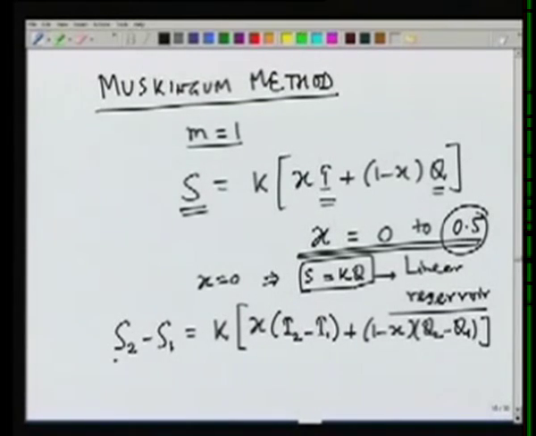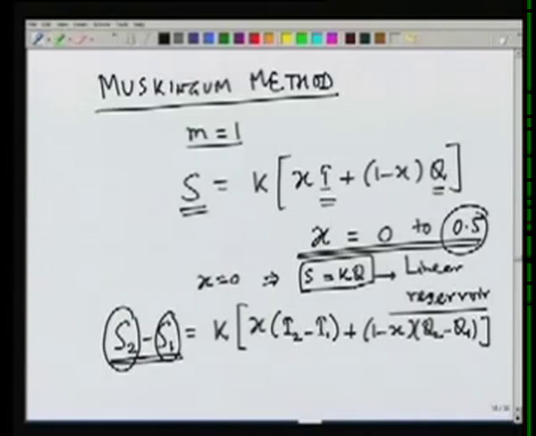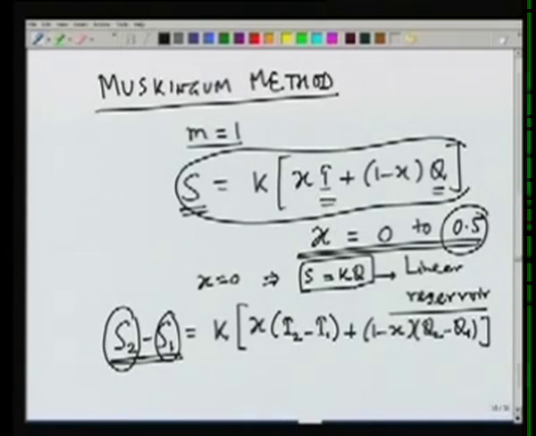We can find the change in storage between 2 points, one before the interval and one after the end of the interval. So with the time step of delta t, S2 is at the end of the time interval, S1 is in the beginning. Now this S can be related with I and Q using the Muskingum equation with m equal to 1, and therefore we can get the change in storage by this equation.